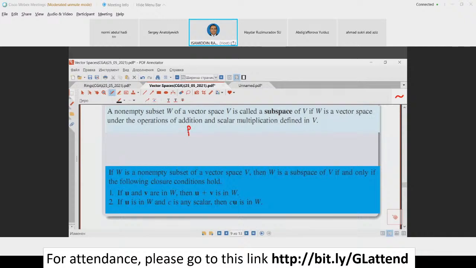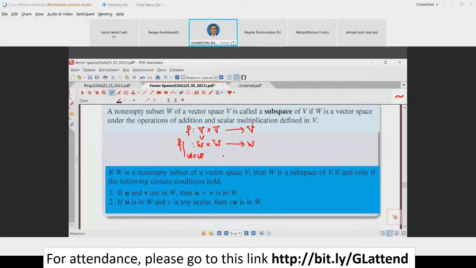I have F from V cross V into V. This has a subset W, and W again here. Now we have F restricted to W cross W, and the image of this must be in V.